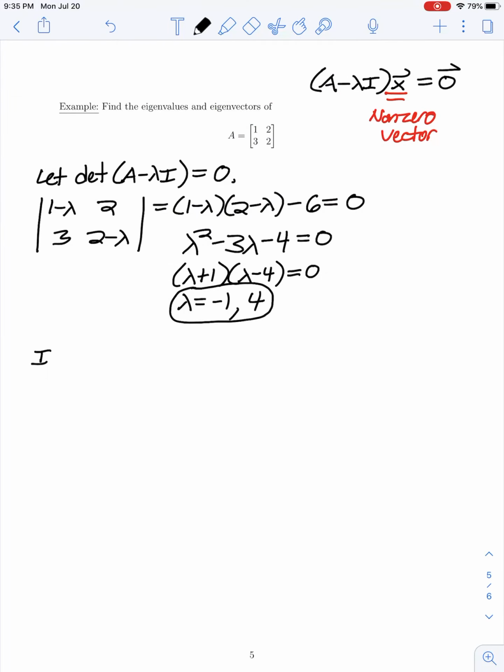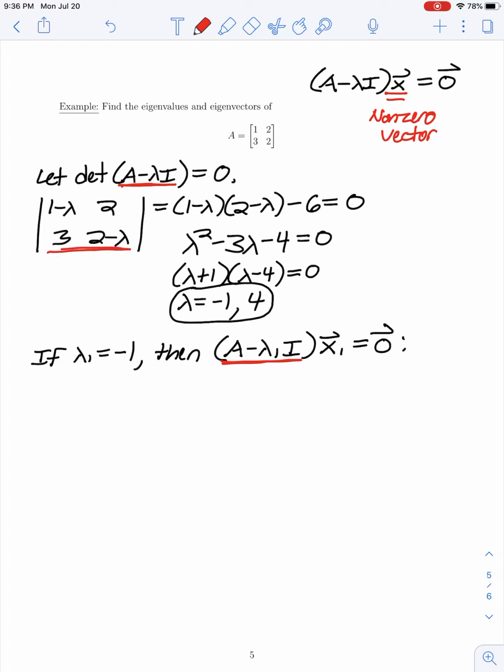Starting with our first value, let's call it lambda 1 equal to negative 1. Let's consider the coefficient matrix A minus lambda 1 times I, times some vector, let's call it x1, and set that equal to the 0 vector. Expressing this as an augmented matrix, the coefficient matrix A minus lambda 1 times I is the exact matrix we had up here when we were taking the determinant.